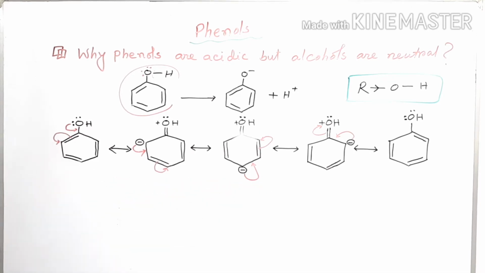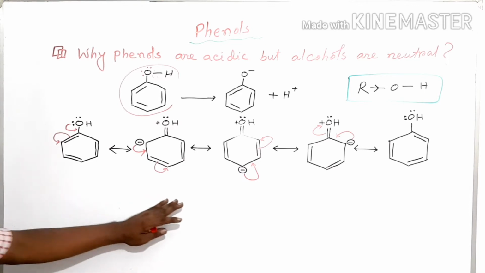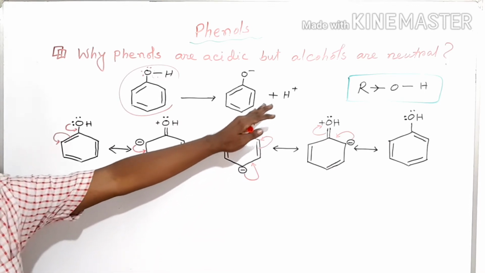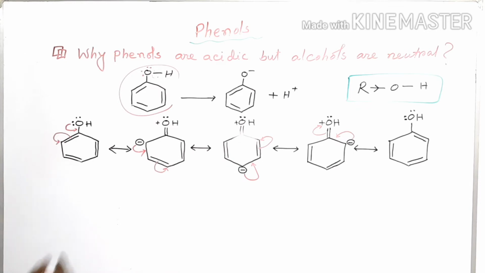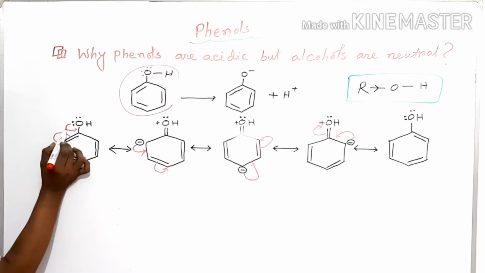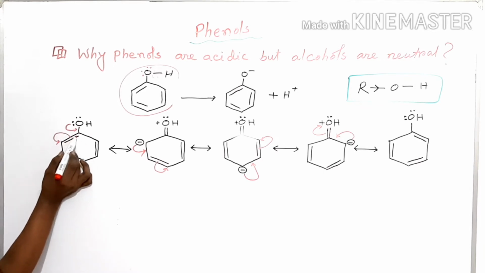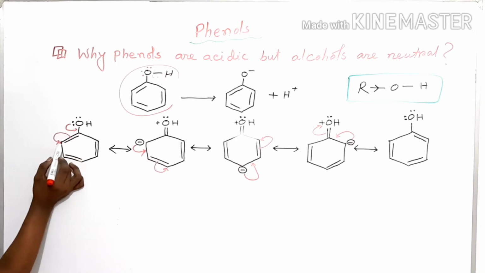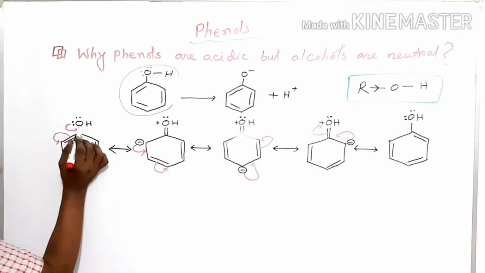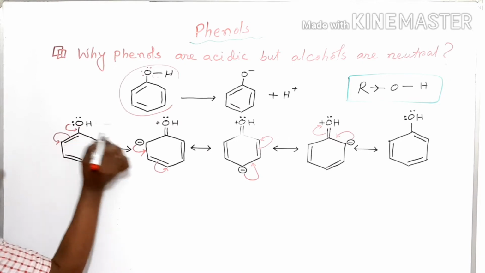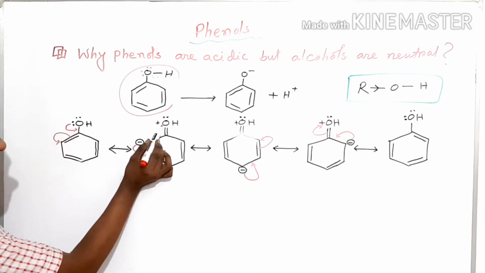As a result, oxygen hydrogen bond becomes weak, so it can easily donate proton and forms phenate ion. If we see, this lone pair electron shifts towards this carbon oxygen bond, and this pi bond shifts to this carbon. As a result, positive charge increased in oxygen.